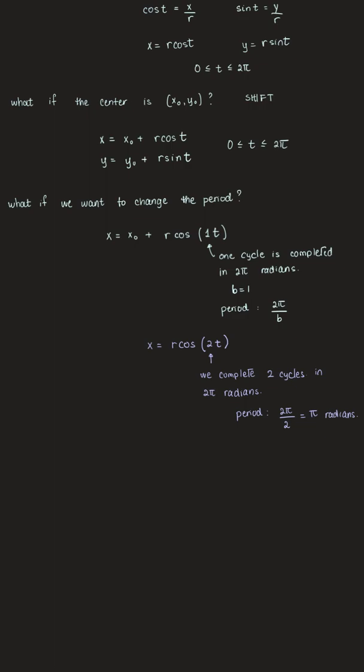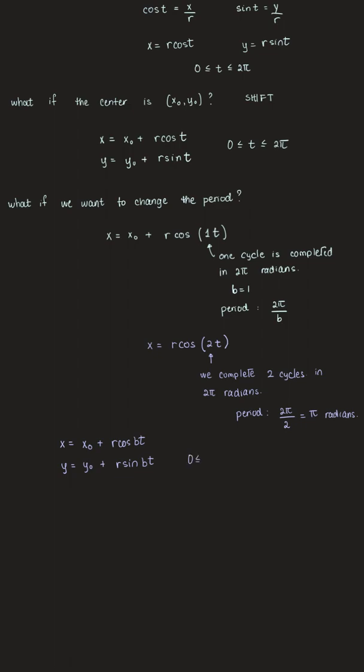So we're going to change both parametric equations so that x is x0 plus r cosine of bt, and y equals y sub 0 plus r sine of bt.